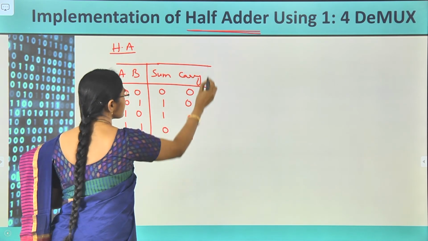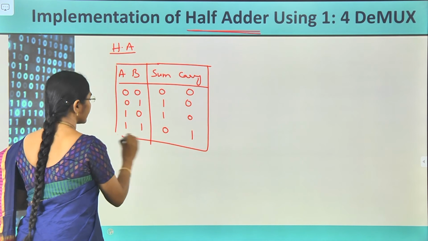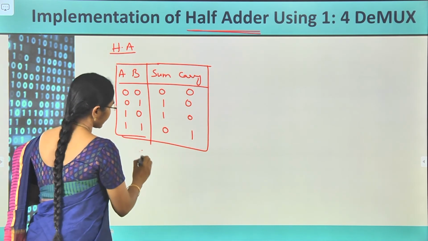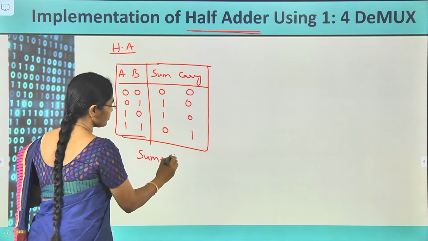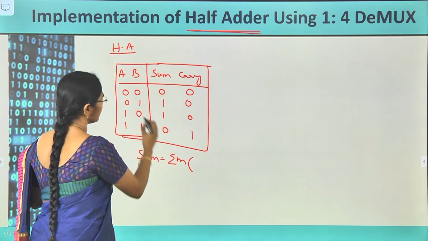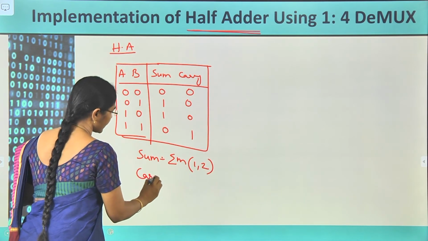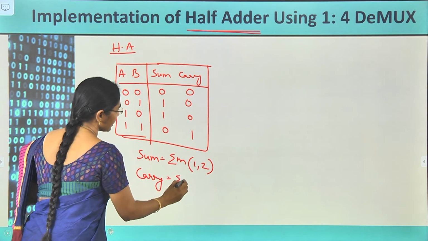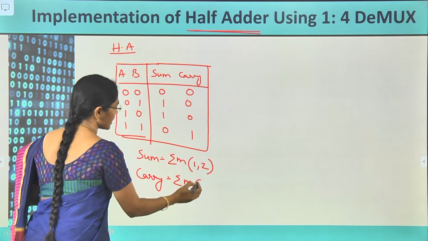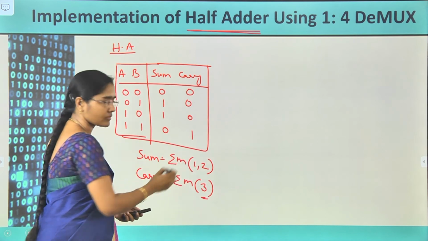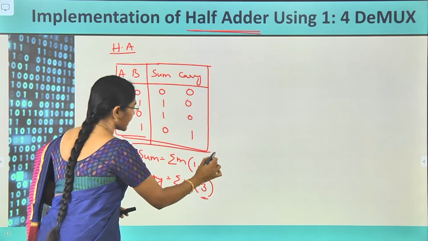This is the truth table of the half adder. Now by using this truth table, we can write sum is equal to sigma m of its minterms 1 and 2, and carry is equal to sigma m of only one minterm, that is 3.